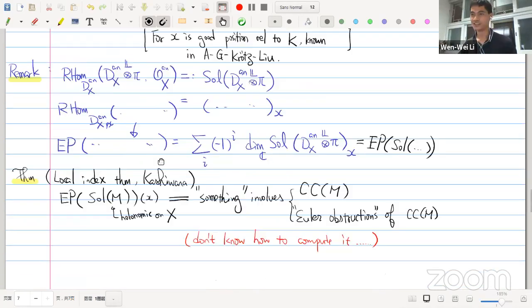And you can even have a topological formula for the Euler-Poincaré characteristic in terms of something that's really hard to compute.